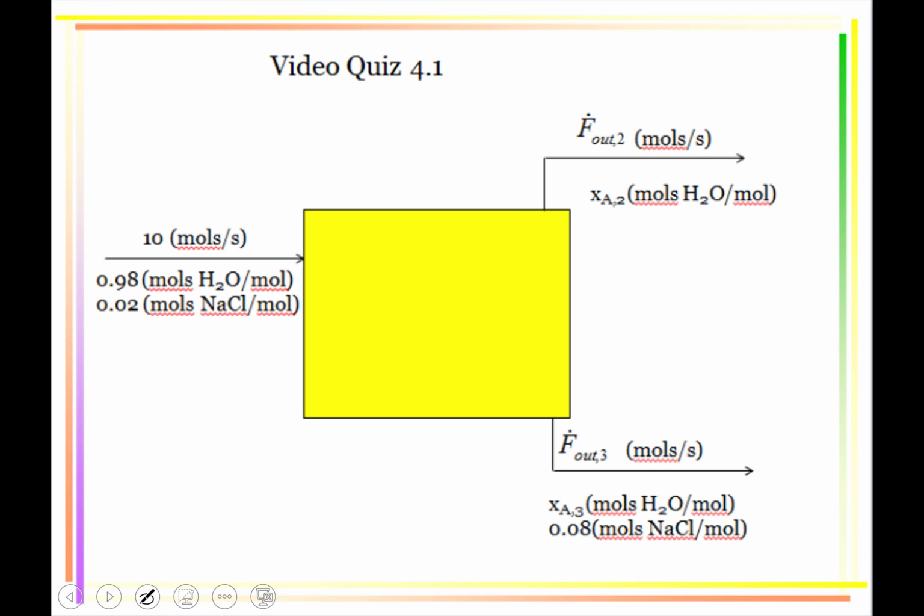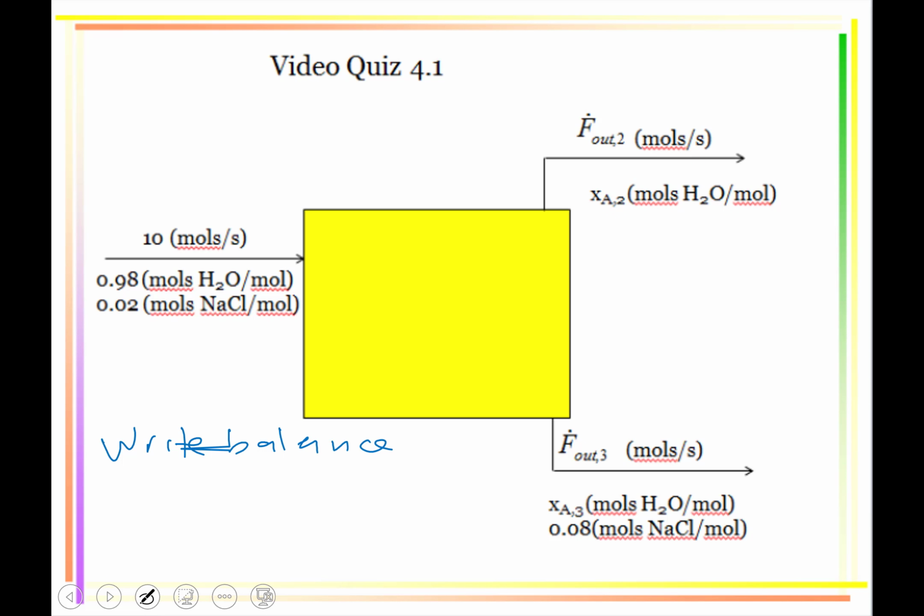Okay, so we are ready for the first quiz. I suggest that what you want to do is write balance equations. So look back a few slides at the general balance equation. As you can see here, we have a separation process.